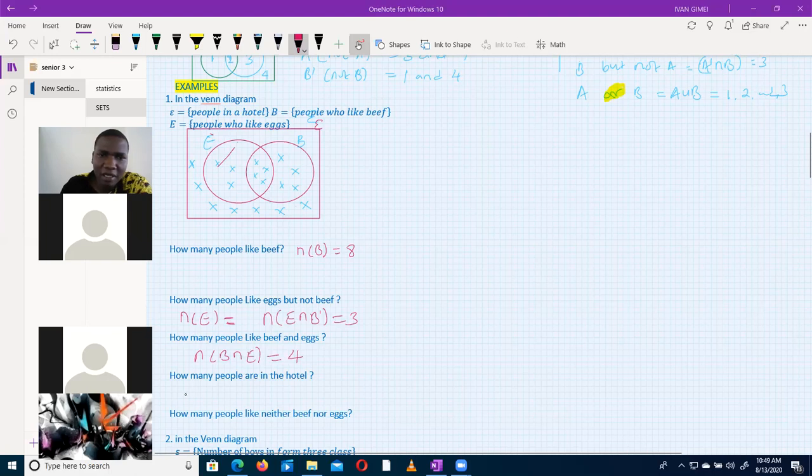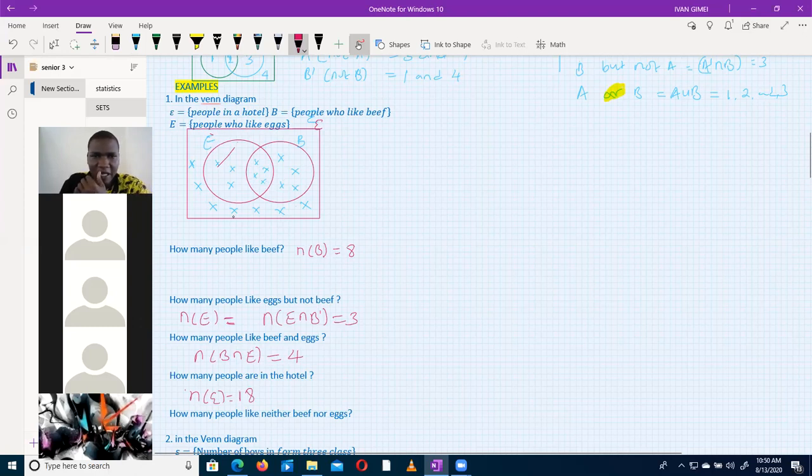How many people are in the hotel? So there we're looking for the universal set, because the universal set is standing for the people in the hotel. Number of people in the hotel is 18. We're going to count together: this is 4, this is 4, this is 11. Yeah, 18 when you add the 7.